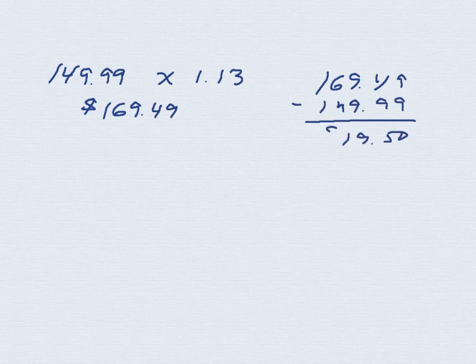So it's not that it's wrong. It's just to be careful what the question's asking you for. If I want to know the value of the tax, and you do the method of multiplying by 1.13, that's not going to give you the tax directly. It can easily be found, but it won't be direct.